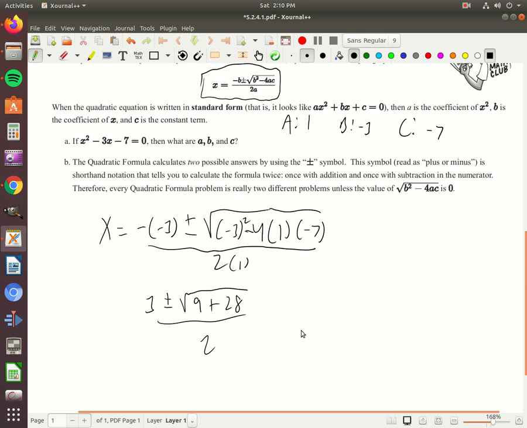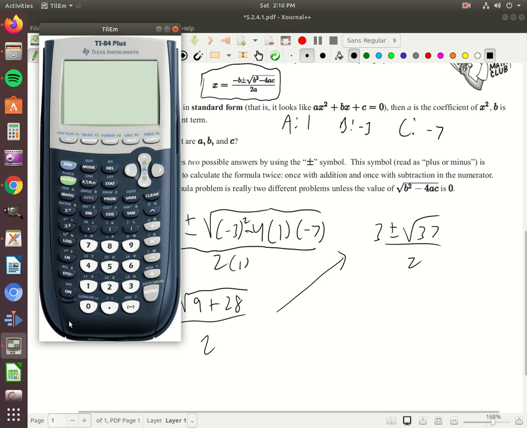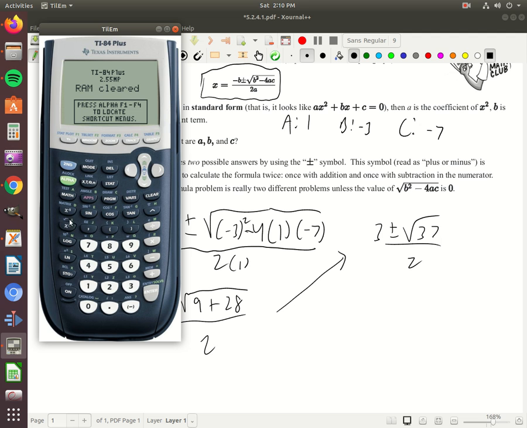Don't forget your plus or minus. So I'm going to get 3 plus or minus the square root of 9 plus 28, which is 37, over 2. And the square root of 37 is a little bit more than 6, right? So if I take the square root of 37, I'm going to get 6.08.